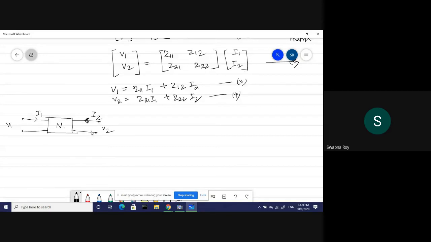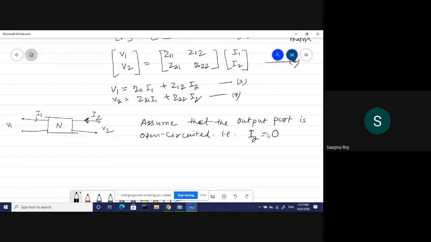That means no current will flow, so I2 will be 0.